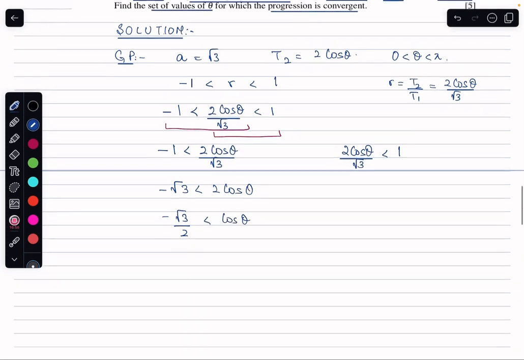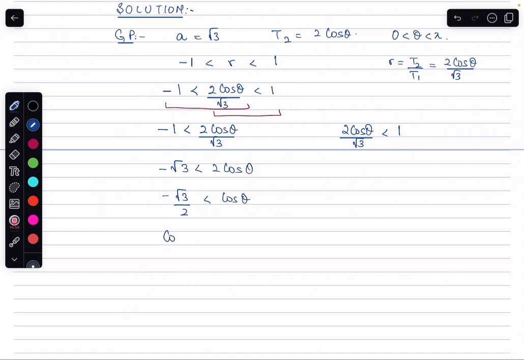If I bring cos theta to my left, the sign of inequality needs to change, and this is going to be negative under root 3 by 2. That shall be in the second quadrant, because in the second quadrant my cosine is negative, and this is the theta value I should be finding out here.